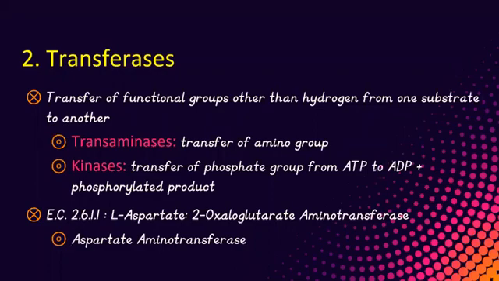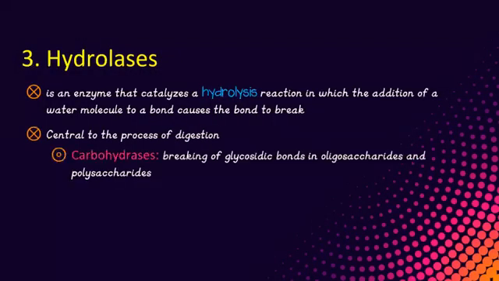So what is being transferred? It is the functional groups other than hydrogen, which was covered under the oxidoreductases. If the group being transferred is an amino group, that enzyme can be named transaminase. If the group being transferred is a phosphate group, for example ATP to ADP, it is a kinase. Examples of our enzymes are 2-oxoglutarate aminotransferase, with the EC number 2.6.1.1, and aspartate aminotransferase.